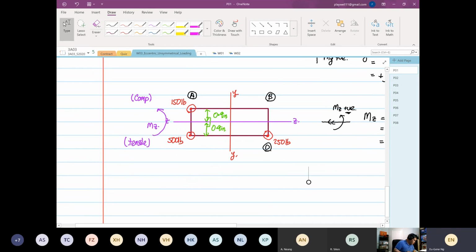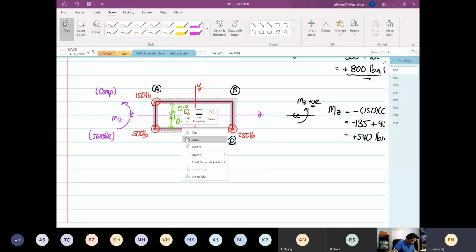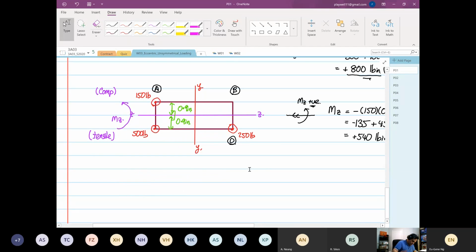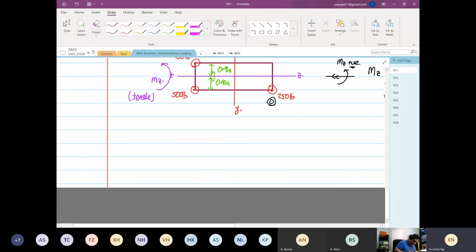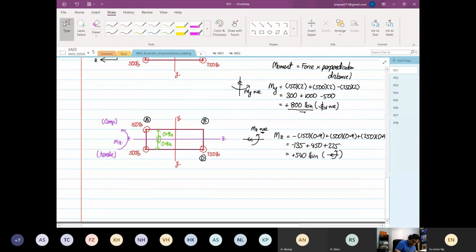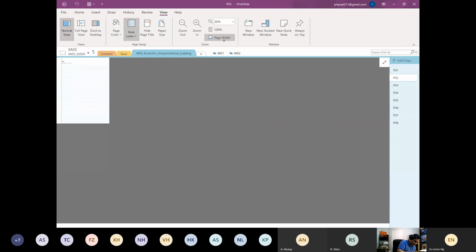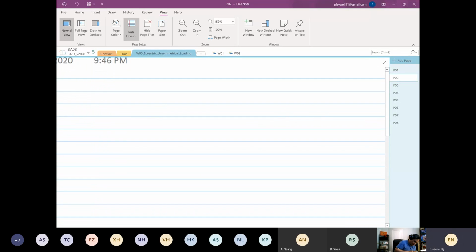Before we do that, we also need to calculate our second moment of area. All right. So second moment of area. I'm going to use a new page. So we're going to calculate the second moment of area.